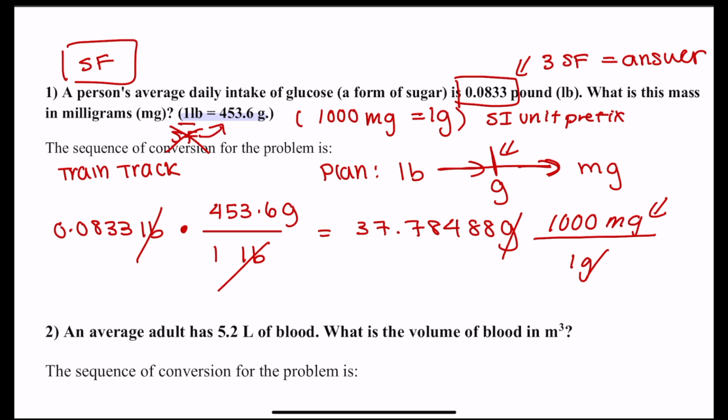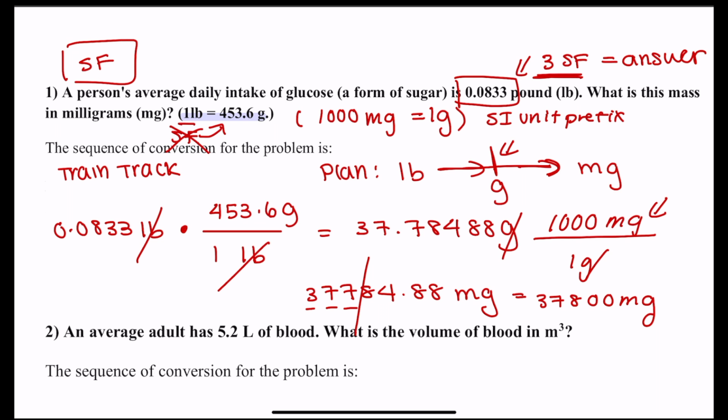So if we multiply it out, we get 37784.88 milligrams. But since it's 3 sig figs, we're going to go 1, 2, 3, cut it off. And our answer will be 37,800 milligrams.